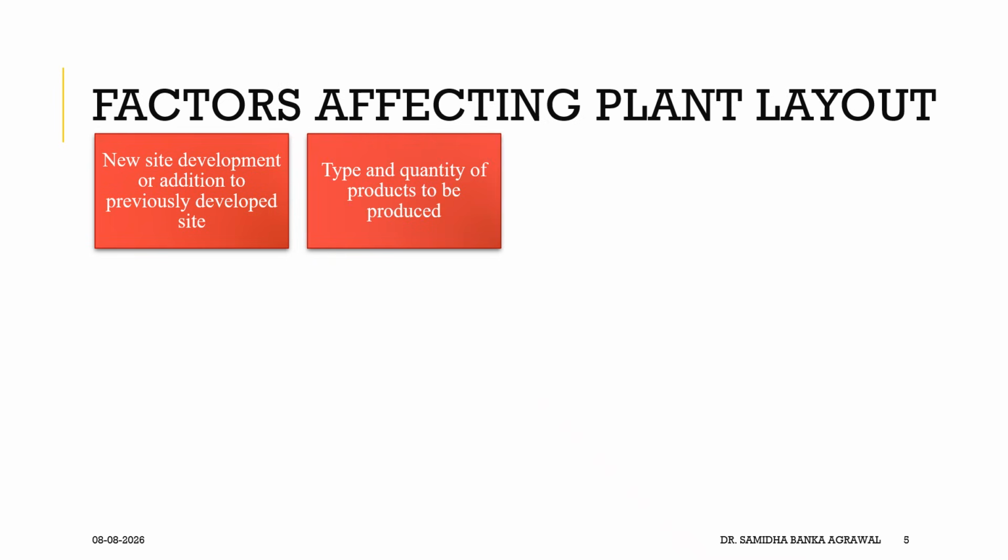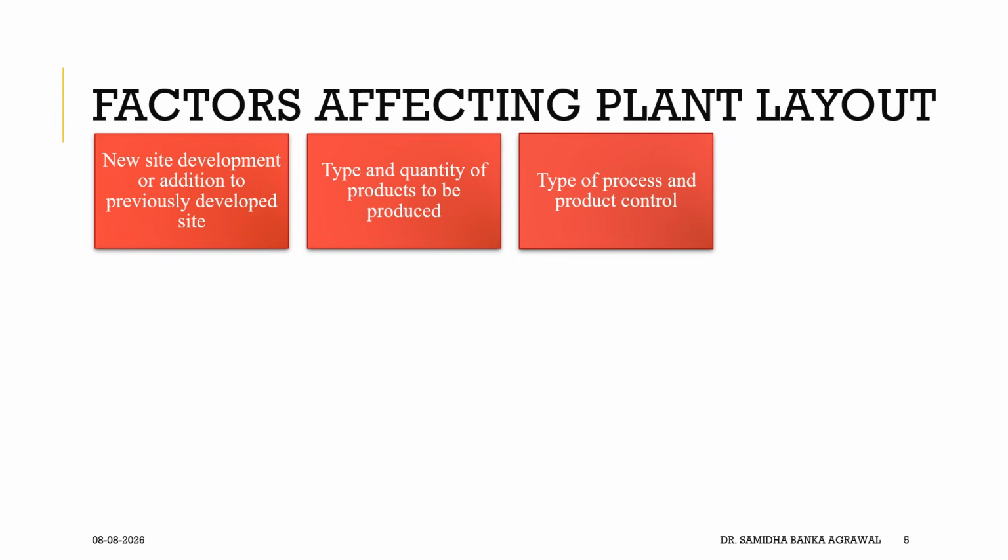The next one is type and quantity of products, which determines the size and arrangement of the equipment. The third one is type of manufacturing process and the level of automation. So if we are having a batch process or a continuous process, and what kind of process control systems we are organizing, like manual control, a PLC, a SCADA, a DCS, whatever it is.